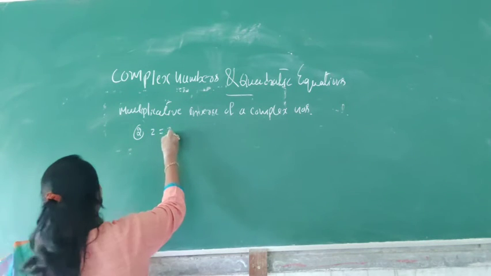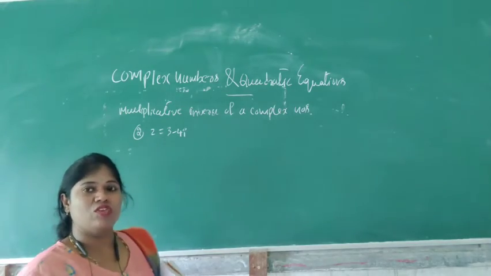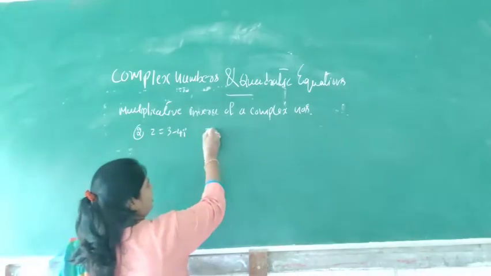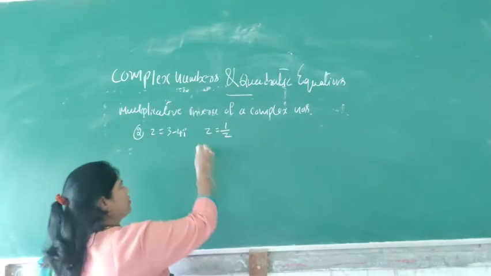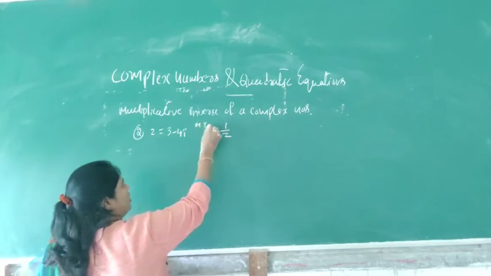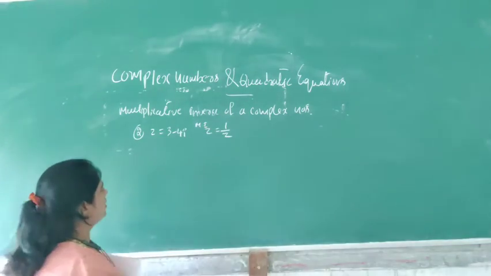z is equal to 3 minus 4i. What is the formula? Multiplicative inverse of z is equal to 1 by z.